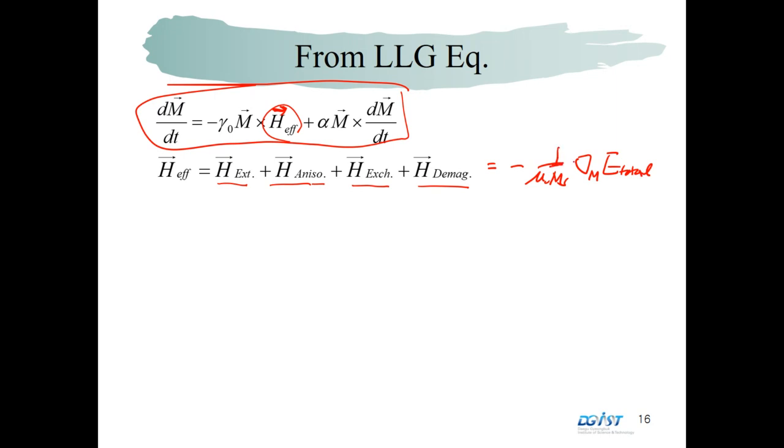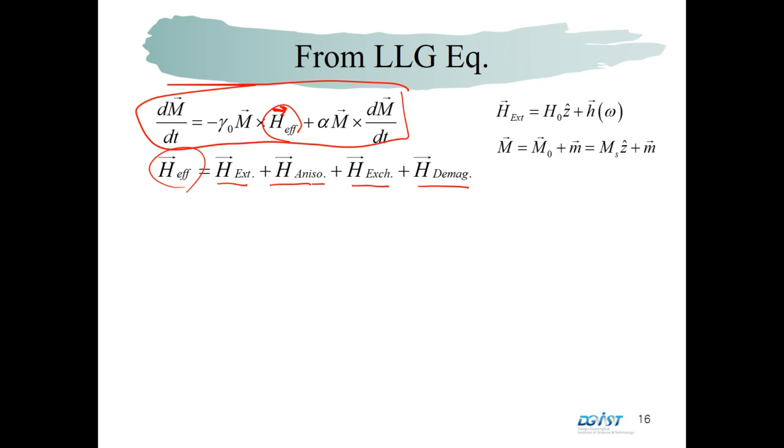And for the simple case, if we think of just a single spin, we can ignore many things. But anyway, let's think about the H effective field. As we already mentioned, for the first order approximation, let's say the H0 direction is z. This H0 represents all, I'm sorry, it should be the effective field.